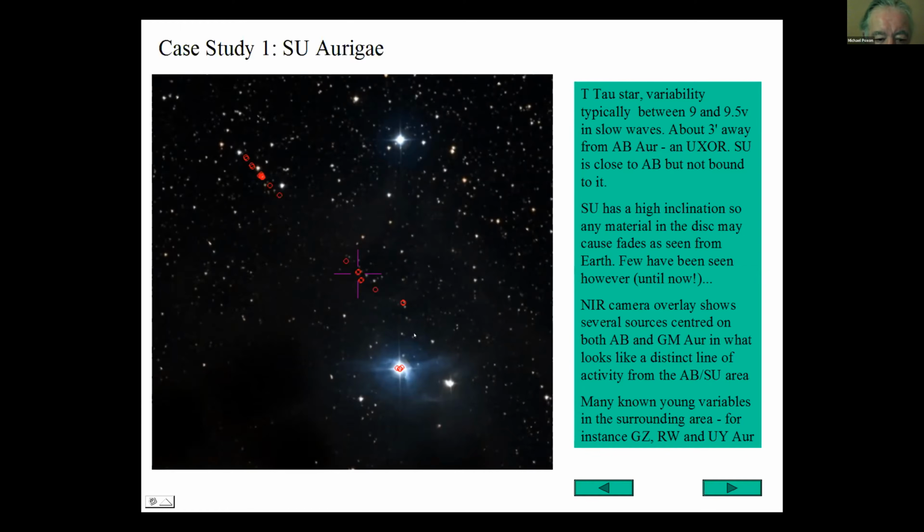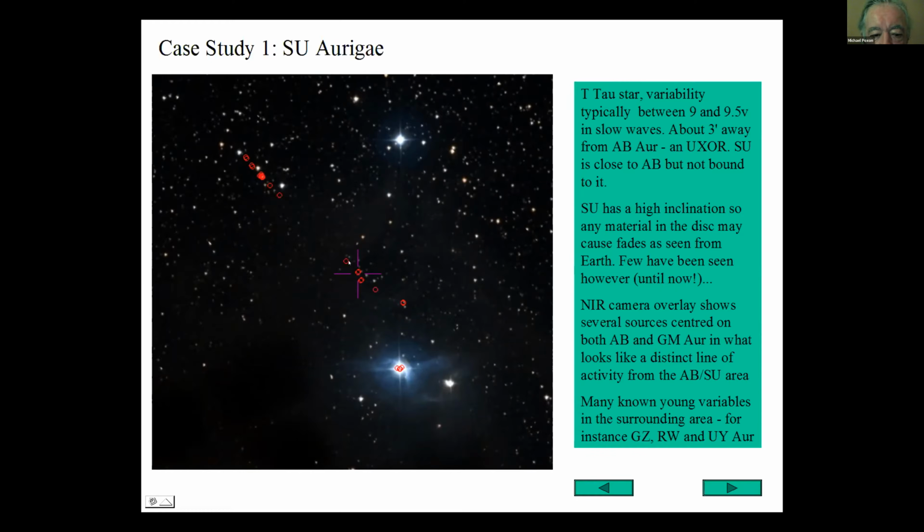Now, whether something happened in this area in the past, say a really strong bipolar outflow, as we saw earlier, and that's gone along this track and kicked off lots of other star formation here, because we can't see stars here. So obviously, whatever is causing this infrared emission isn't bright enough to shine yet.